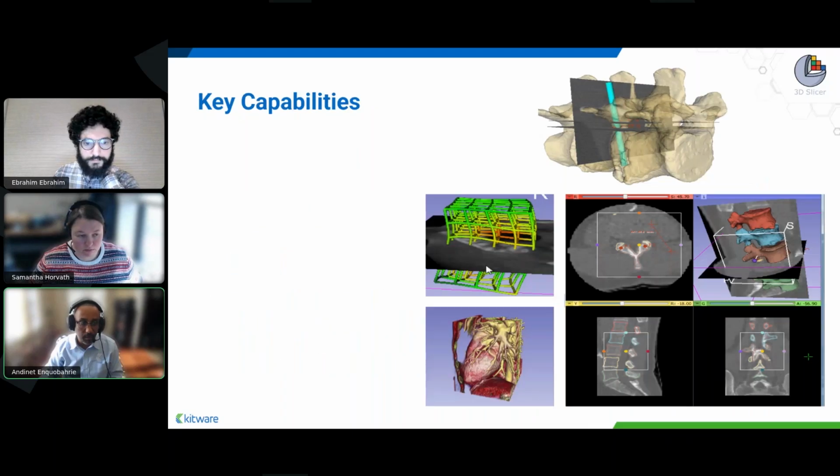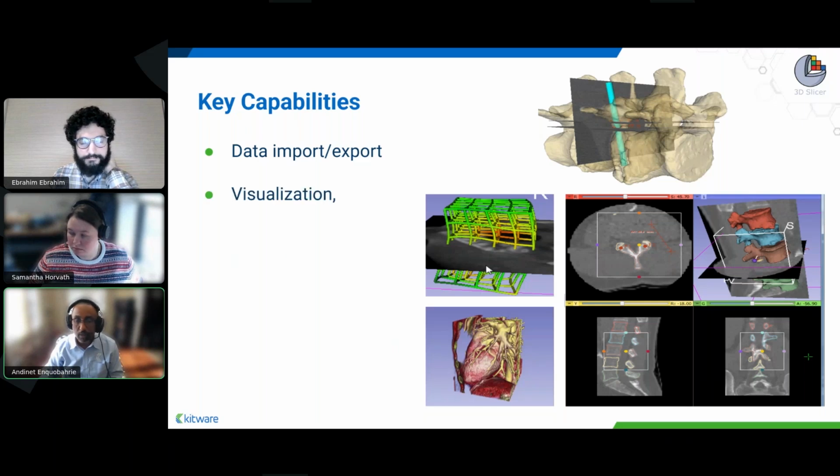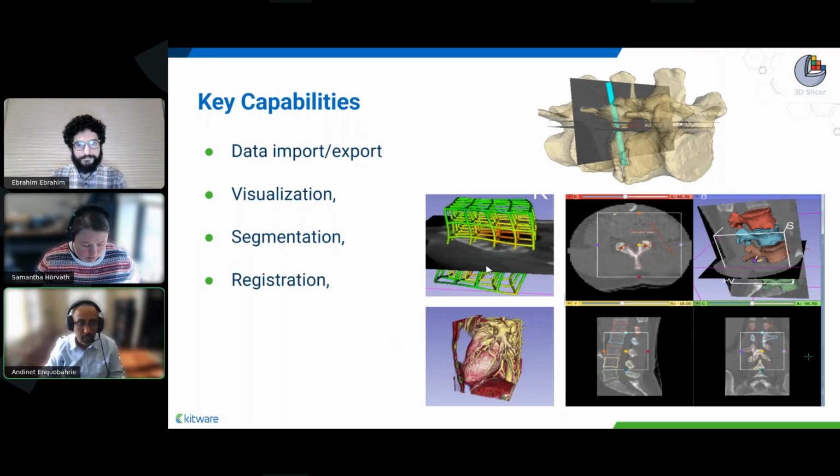What are the key capabilities? Obviously, the big one is being able to handle medical image data, DICOM support. You could do visualization, both 2D and 3D. And then if you're looking at isolating some anatomical structures from your medical image data, Slicer has a whole slew of different segmentation methodologies, from basic classical techniques all the way to advanced AI-based segmentation algorithms.